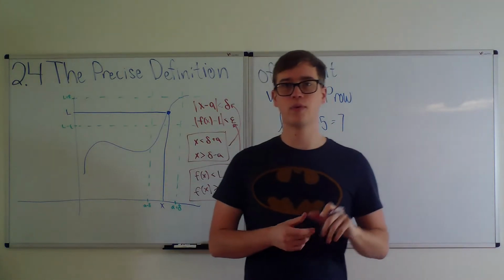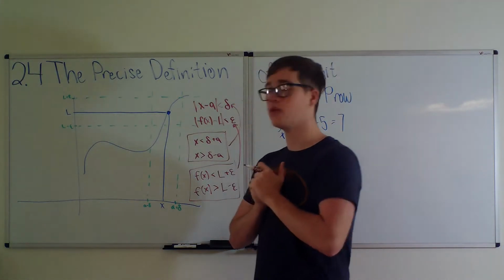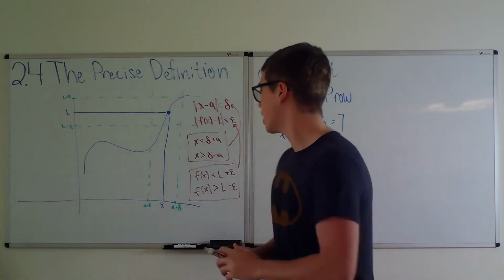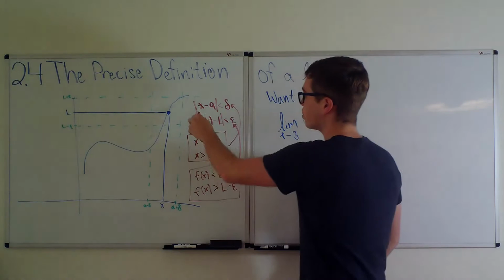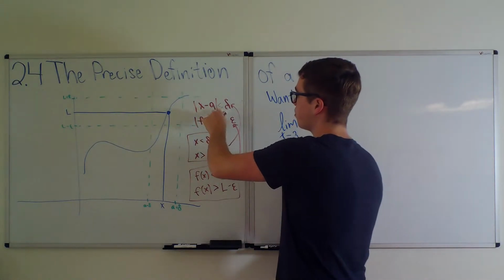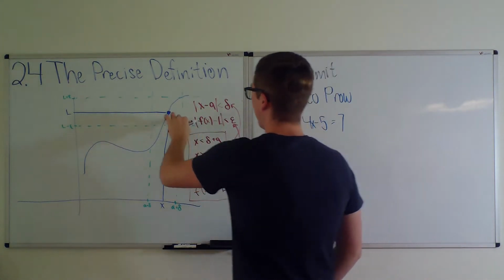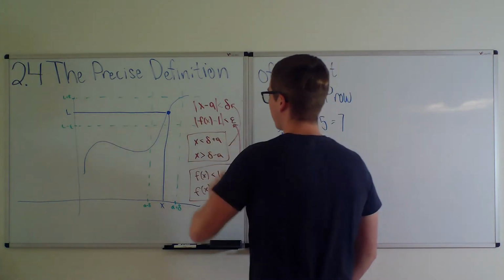Now, if we wanted to look at it graphically on a 2D plane rather than just mapping, here we can see it. So we have our x and our L, from our equations, the absolute value of x minus a is less than delta, and the absolute value of f of x minus L is less than epsilon.